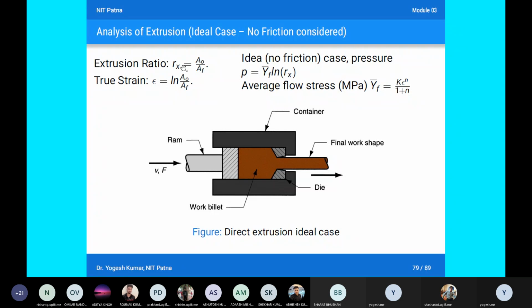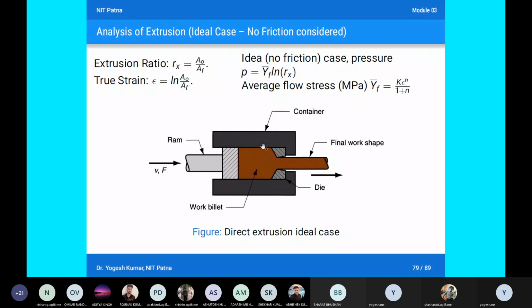This is the extrusion ratio. How is this extrusion ratio given? Rx equal to AO upon AF, the initial cross sectional area divided by the final cross sectional area. Then the true strain is calculated as epsilon equal to natural log of AO upon AF, or natural log of your extrusion ratio Rx.